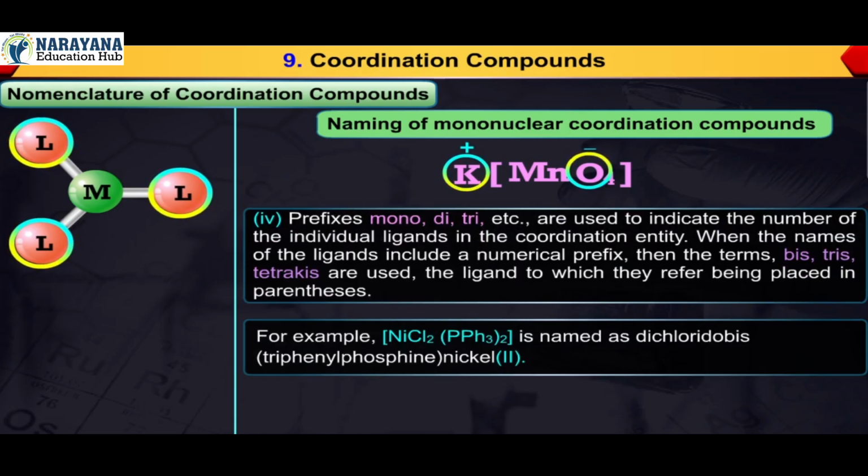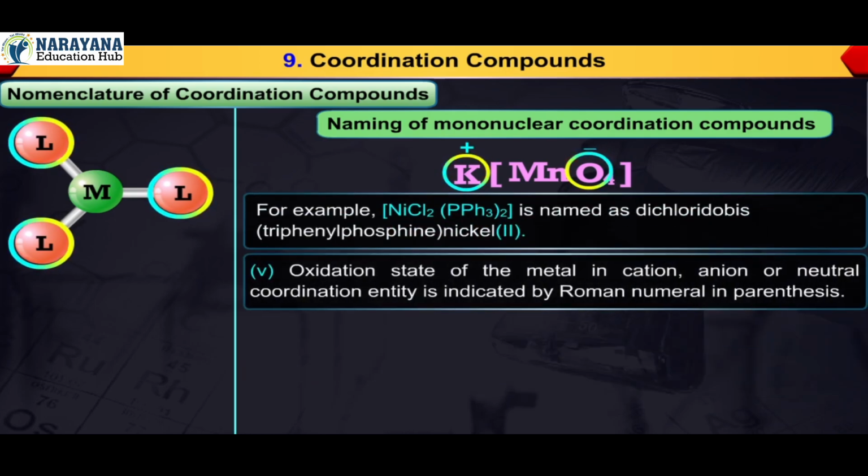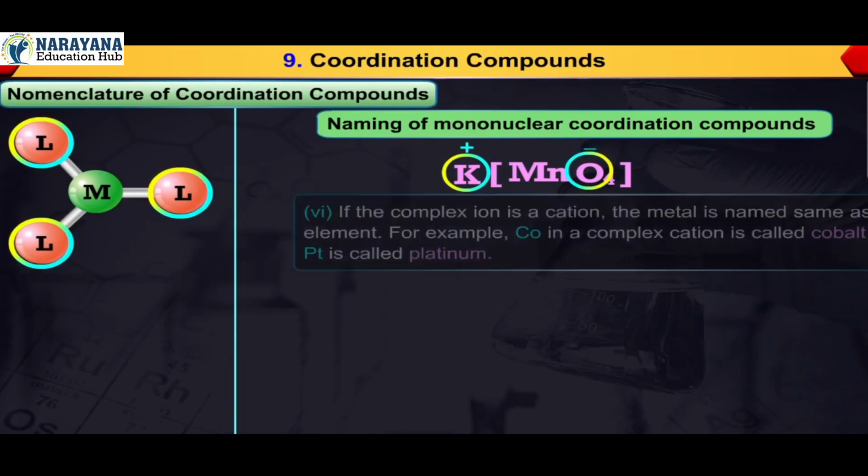For example, [NiCl2(PPh3)2] is named as dichloridobis(triphenylphosphine)nickel(II). 5. Oxidation state of the metal in cation, anion, or neutral coordination entity is indicated by Roman numeral in parentheses.